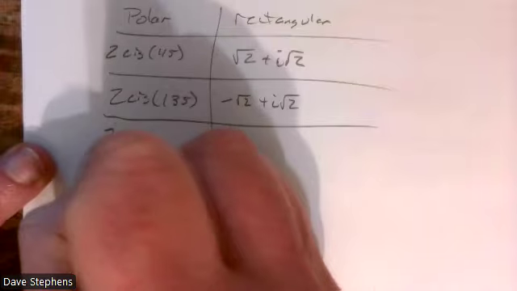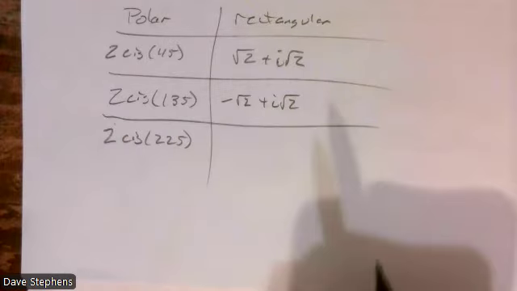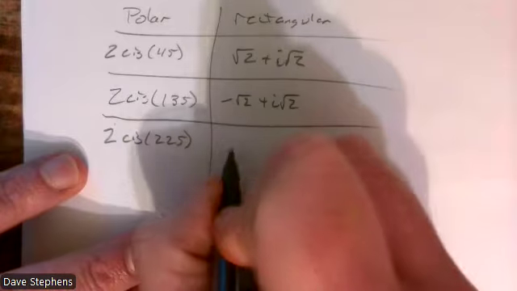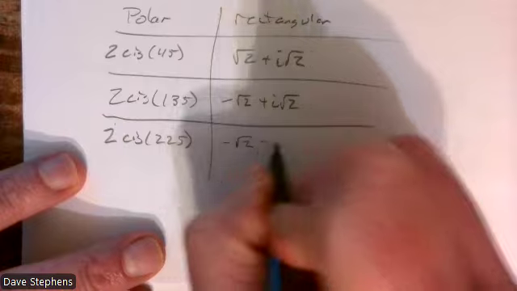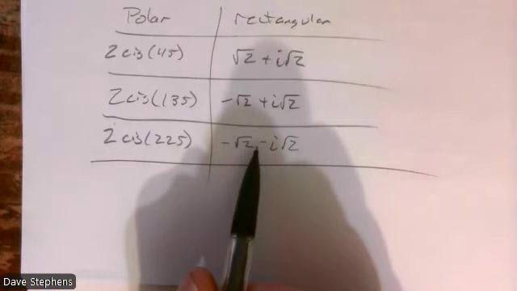And then 2 CIS 225, that would be a negative a and a negative b, so negative root 2 minus i root 2.